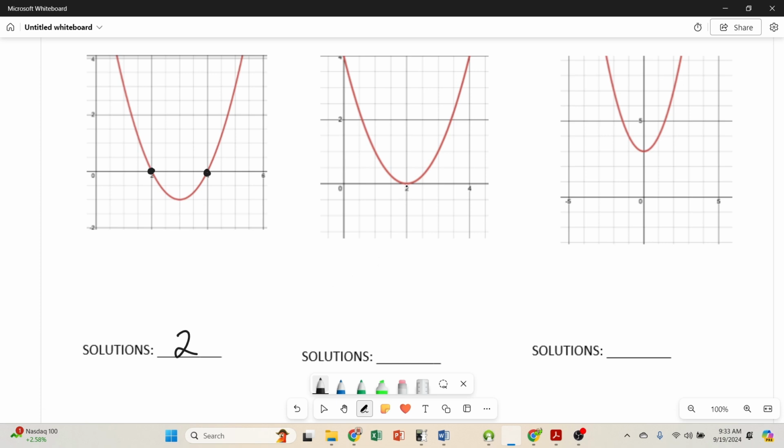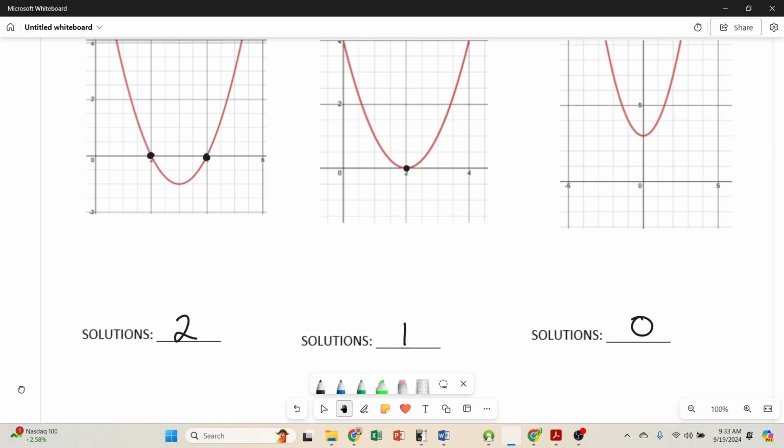Our second graph touches right here at the vertex, so this is a one solution quadratic. This final function graph doesn't touch the x-axis. Therefore, there are zero solutions for that quadratic.